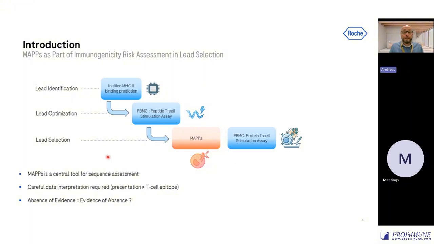MAPS is therefore a central tool for sequence assessment and the assessment of immunogenicity risk. However, like all assays, it needs careful interpretation of the data found. There's quite often the notion that we found T-cell epitopes in the MAPS assay, which is probably going into too much detail, but presentation doesn't necessarily mean it's a T-cell epitope.